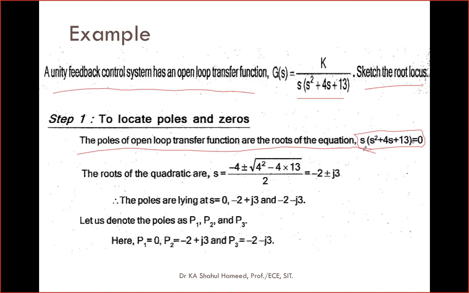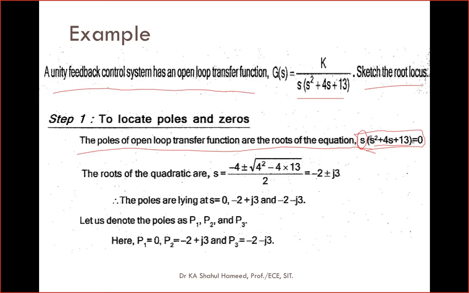So by seeing this, we can say that a pole is available at s is equal to 0. Directly we can say that a pole is on the origin of the s-plane. Another two poles are located in different places that we are going to determine. So we are going to take this equation s square plus 4s plus 13 is equal to 0.